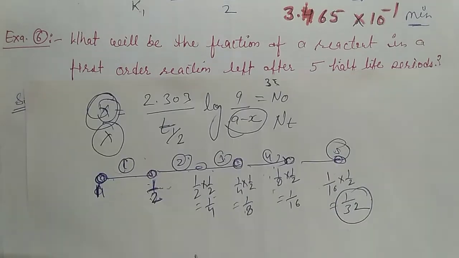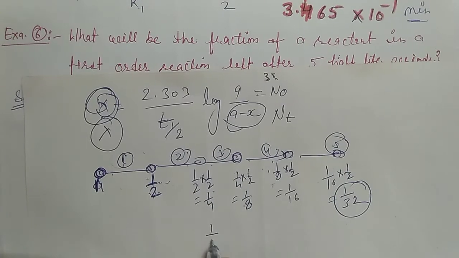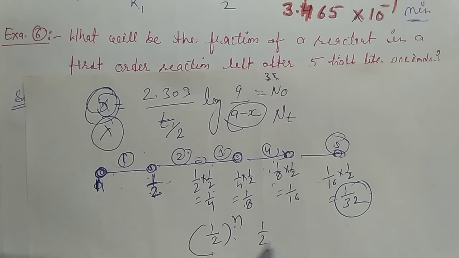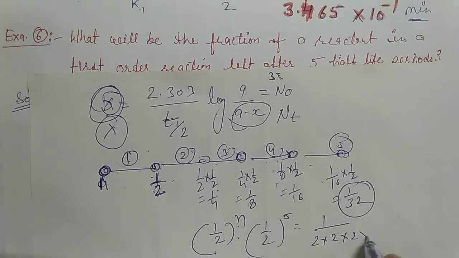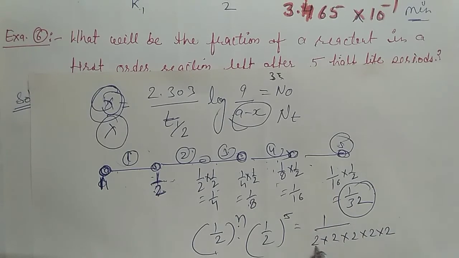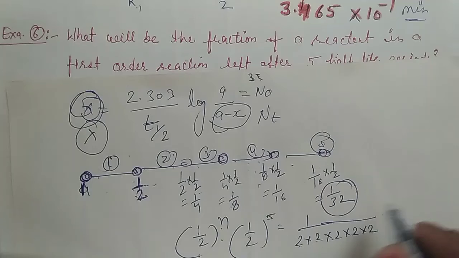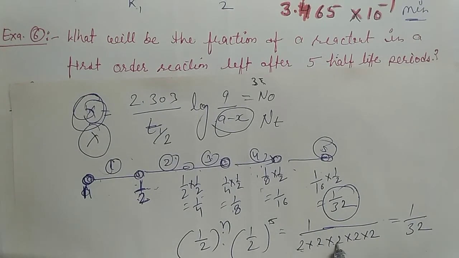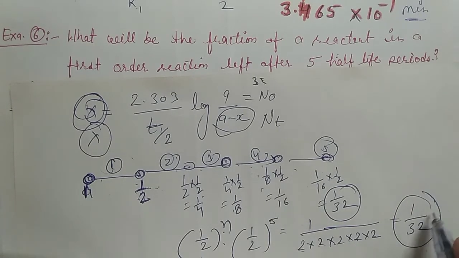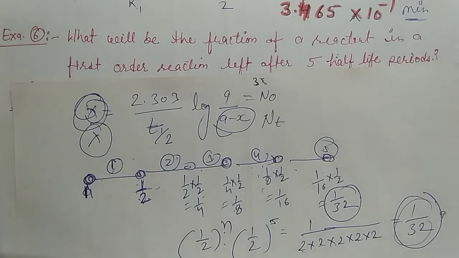Or there is another formula: 1 upon 2 to the power n. Here half-lives are 5, means 1 upon 2 into 2 into 2 into 2 into 2, 1 2 3 4 5 times 2 is multiplied. It is also 1 upon 32. 2 to the 4, 4 to the 8, 8 to the 16, 16 to the 32. So 1 upon 32 part of A will be left.